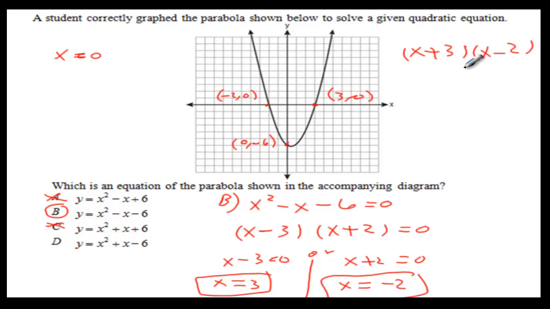Positive 3 times negative 2 is negative 6. Positive 3 minus 2 is positive 1. When you solve this, you get x equals negative 3 and x equals positive 2, but you have here negative 2 and positive 3. This method does not always work well.